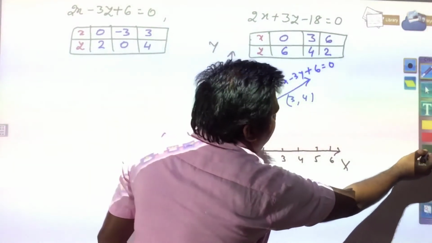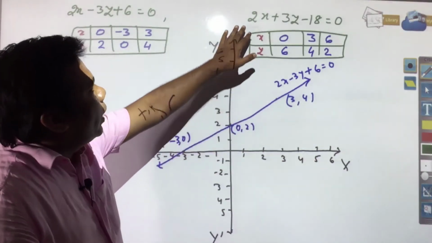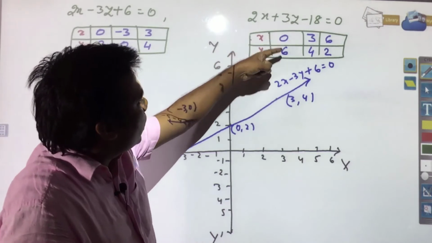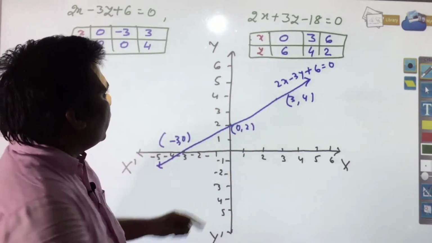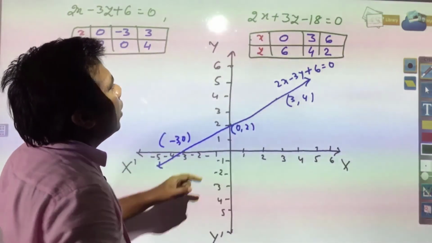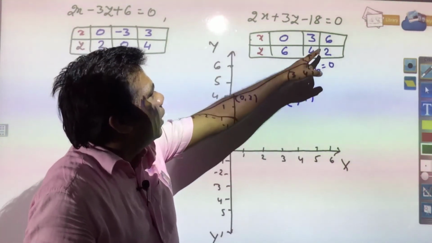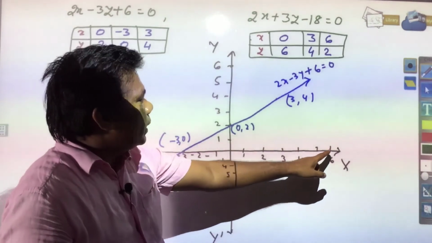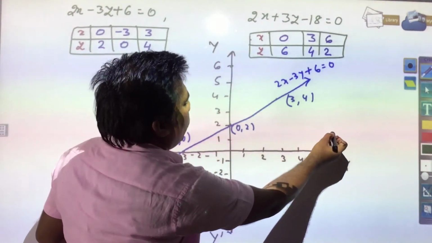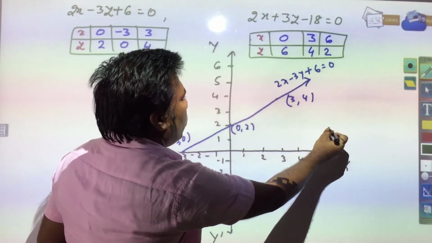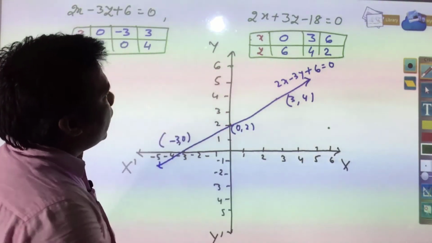Next equation you have 2x plus 3y minus 18 is equal to 0, your coordinates are these. So, 0 and 6, you have 0 and 6. Then you have 3 and 4, the same coordinate you have, and 6 and 2, you have 6 and 2 over here somewhere. Now, you need to join the line.